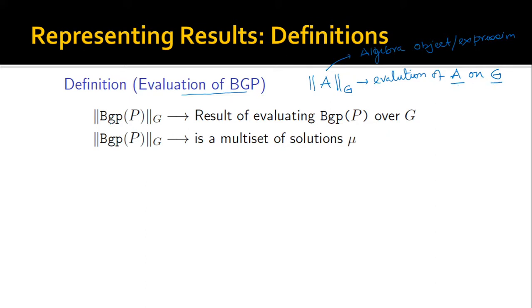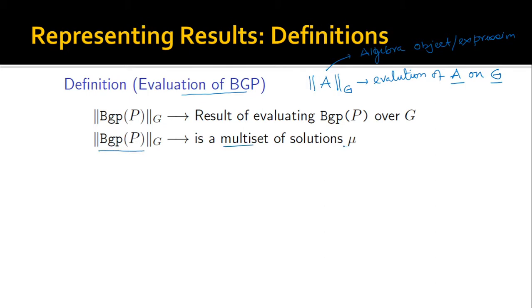Similarly, if we say BGP P on G, it means it is the result of evaluating BGP P over G, right? Now it is imperative to say that this would be a multiset of the solution, right?